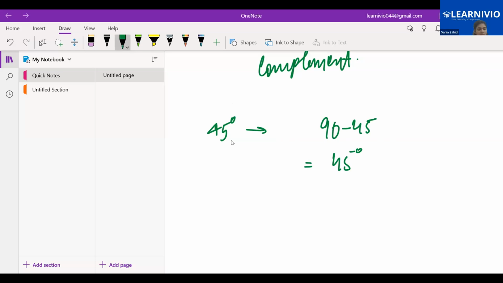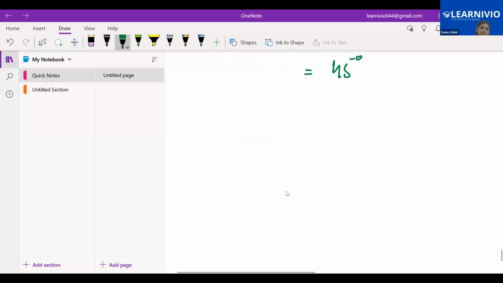Do you understand this question? Yes. What do you do to find the complement of any angle? You subtract that angle from 90 degree. Like you have 65 degree. If I say what is the complement of 65? 25.